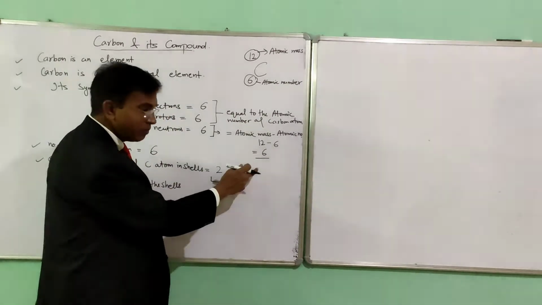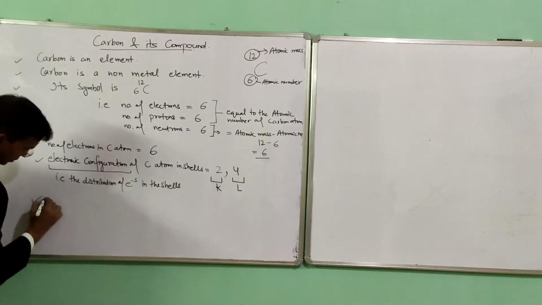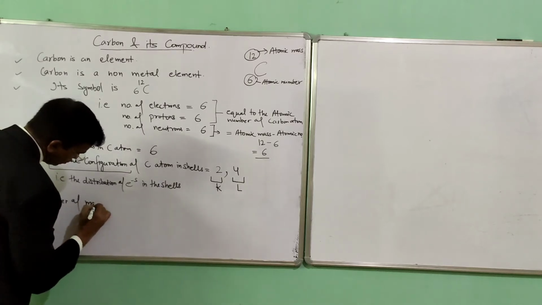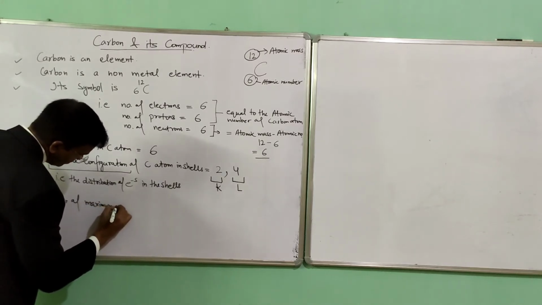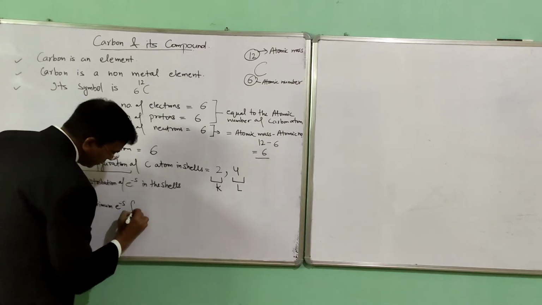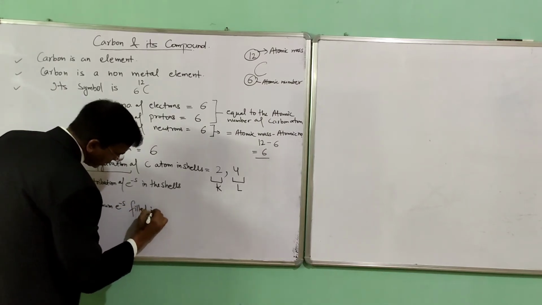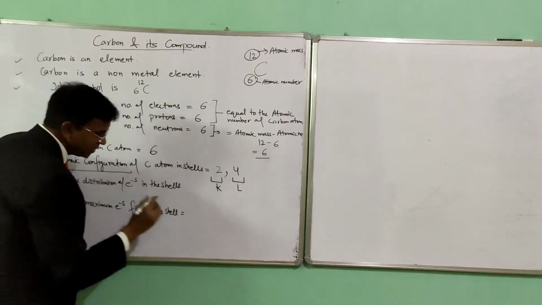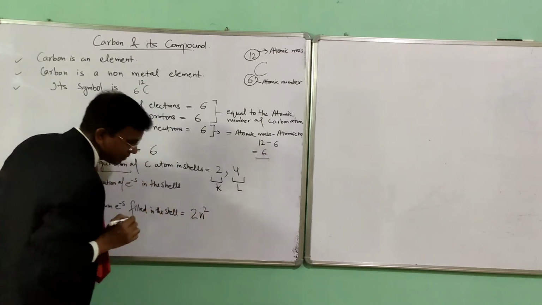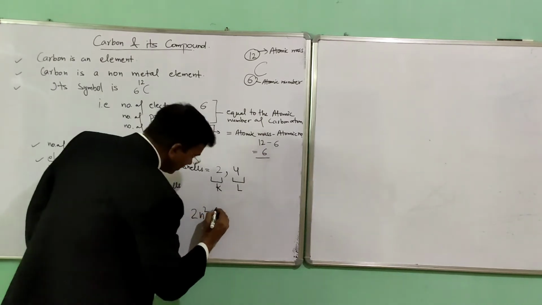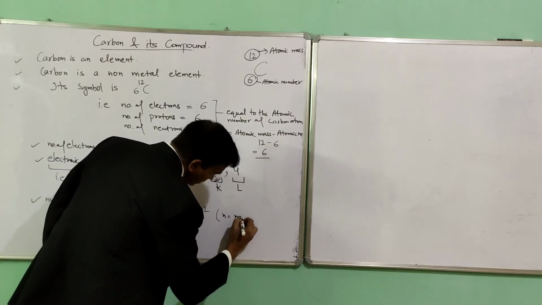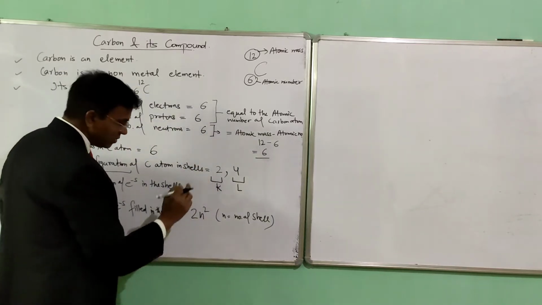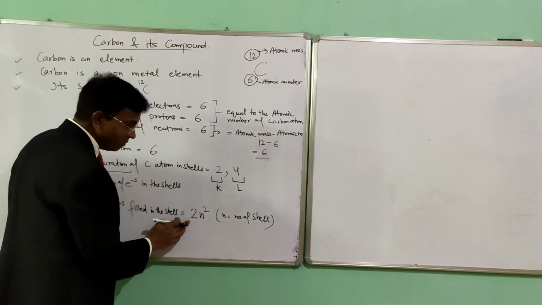How is it calculated? The maximum number of electrons filled in a shell can be calculated by the formula 2n squared, where n is the number of the shell. For the first shell, n is 1, so it comes to 2.